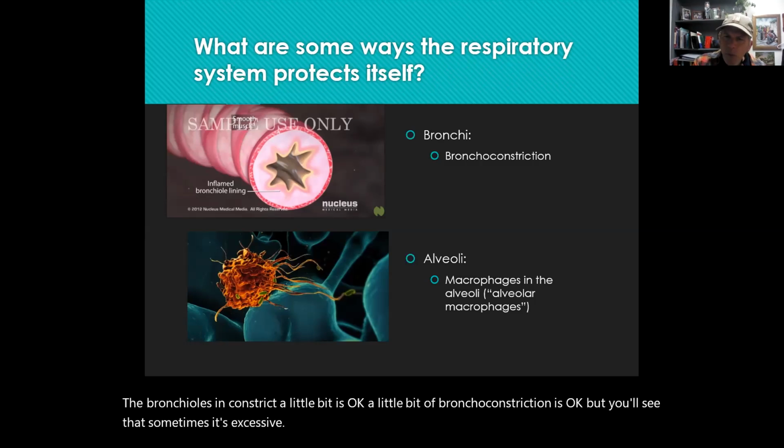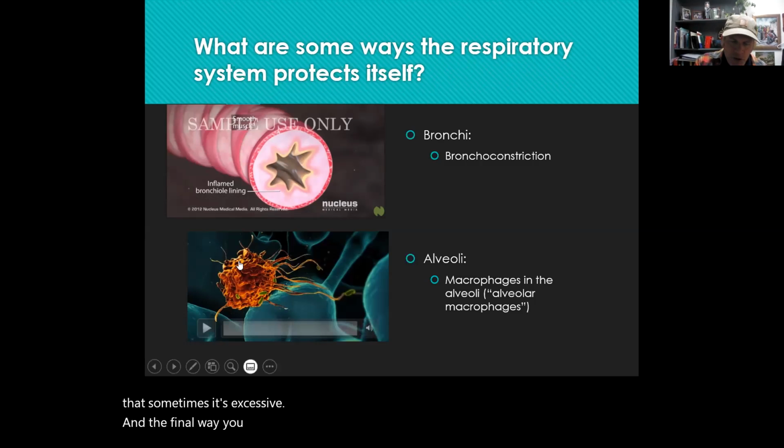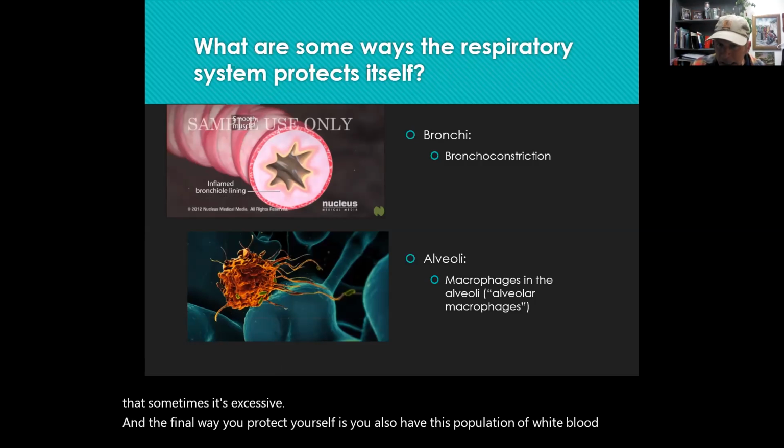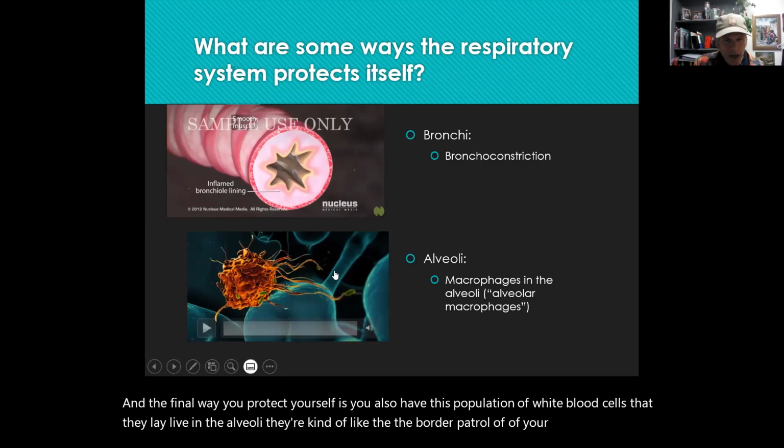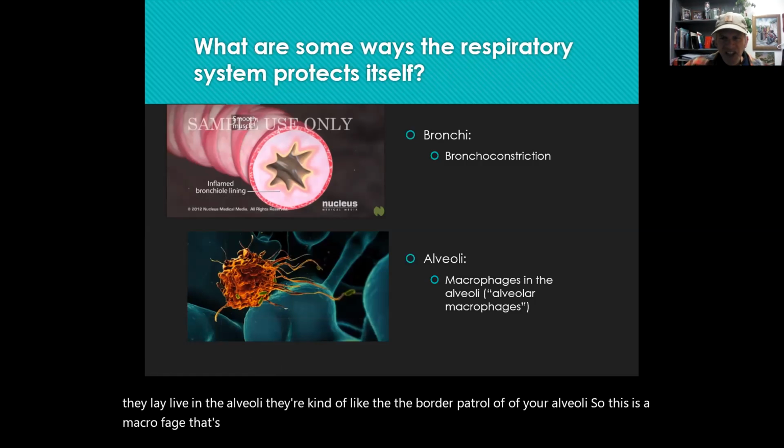And the final way you protect yourself is you also have this population of white blood cells that live in the alveoli. They're kind of like the border patrol of your alveoli. So this is a macrophage. That's a very large white blood cell that can engulf and eat bacteria, fungi, viruses.